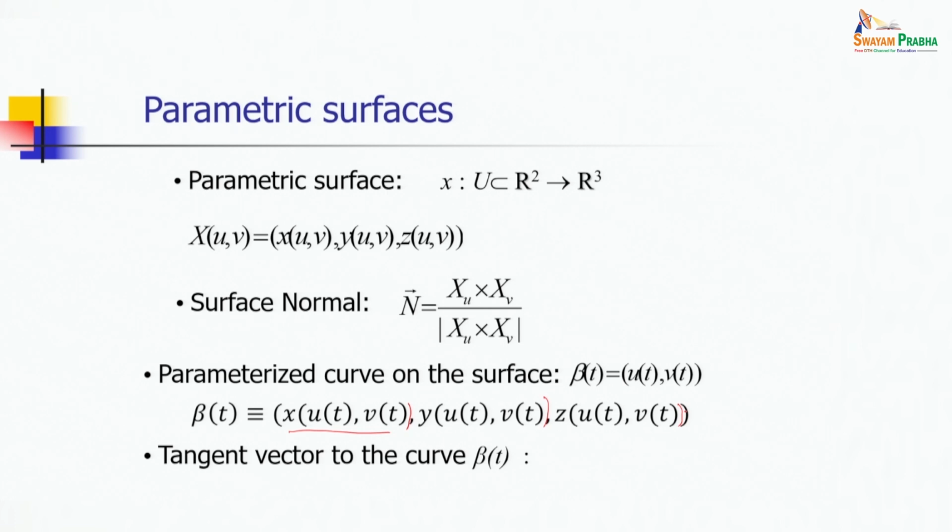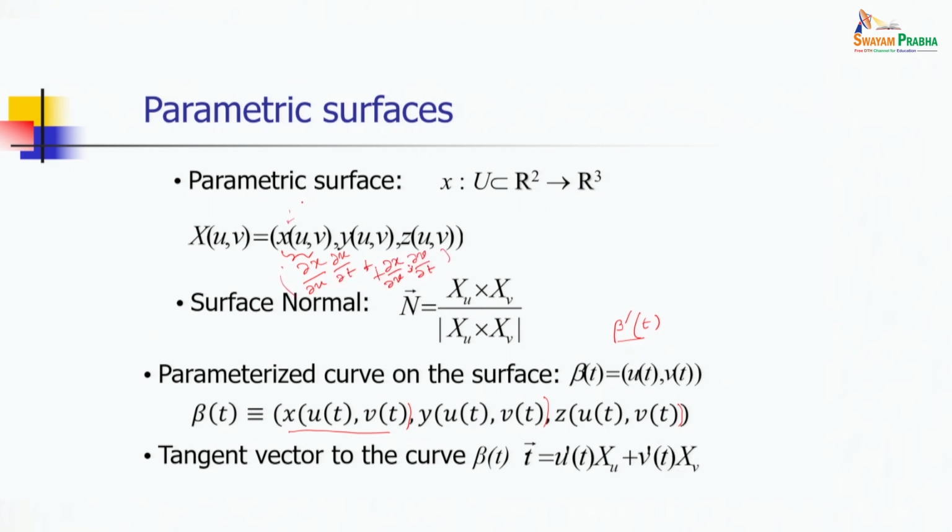The tangent vector to this curve is interesting, that we can compute, as we know that beta prime t should be the tangent. When you are taking the derivative with respect to t, you have to first derive x with respect to u, and then u with respect to t.